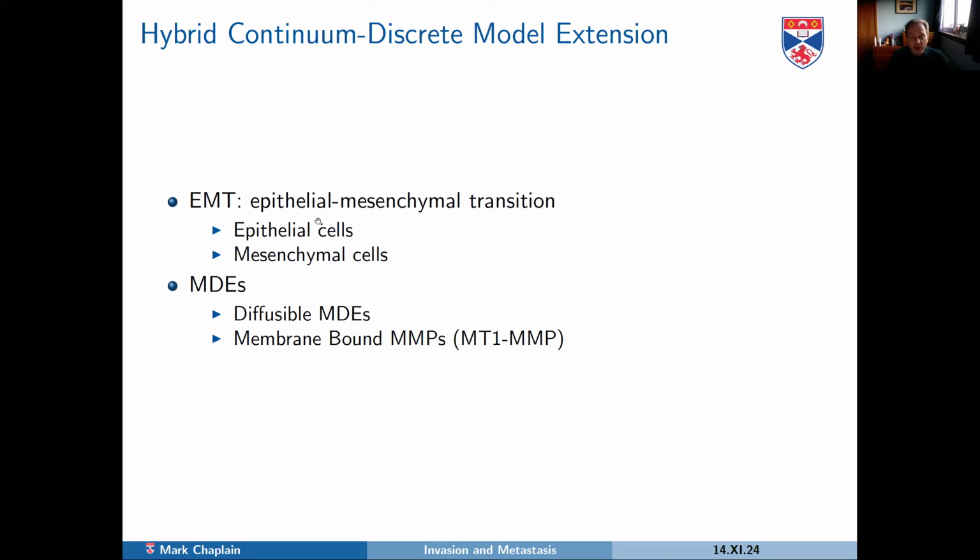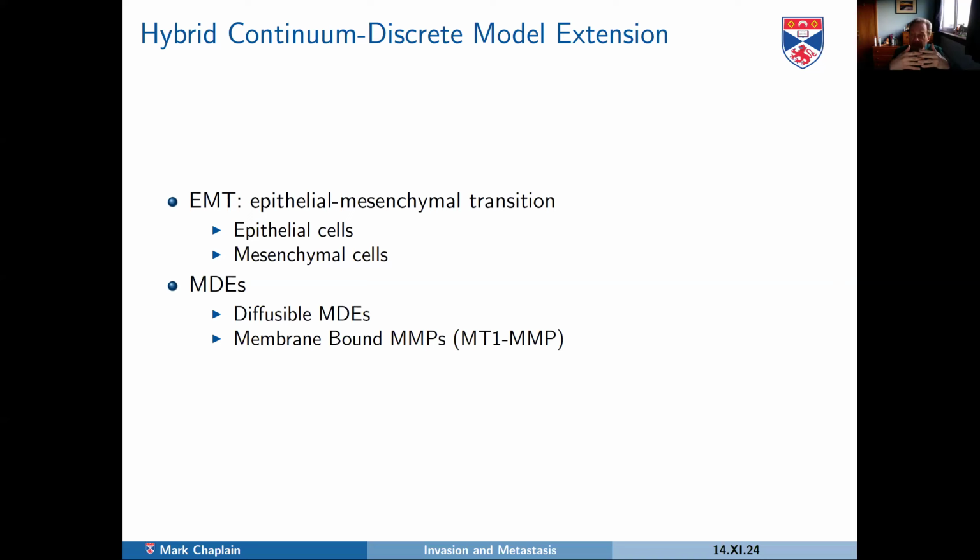The first was to incorporate this so-called EMT. So this stands for an epithelial mesenchymal transition. So cancer cells, when they're invading, initially you can imagine from that multicell spheroid, they're linked together and they're connected via adhesion. That's the default for epithelial cells.